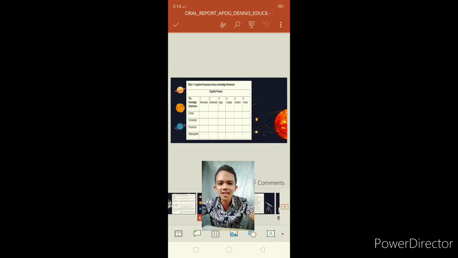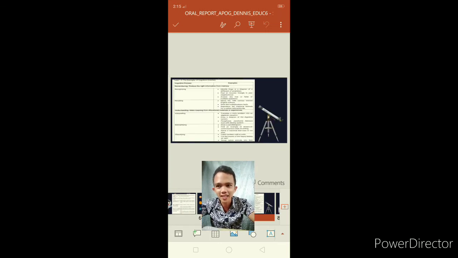Next, understanding. Students make meaning from educational materials or from their experiences. Under this level are interpreting, exemplifying, classifying, and inferring.